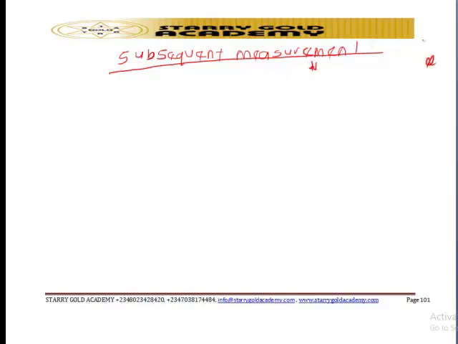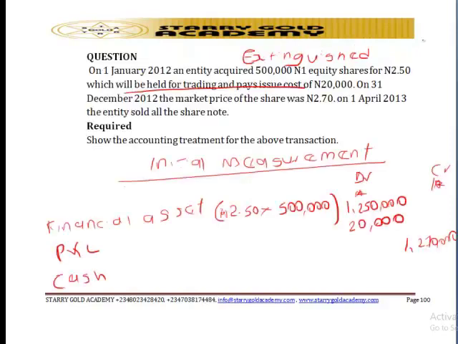Now on subsequent measurement. We have been told that we measure at fair value through profit or loss, isn't it? We recognize the gain or loss in the profit or loss. So let's go and check the question just to be sure of what happened on subsequent measurement.